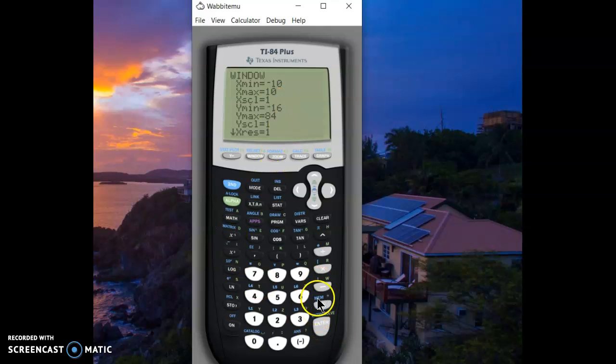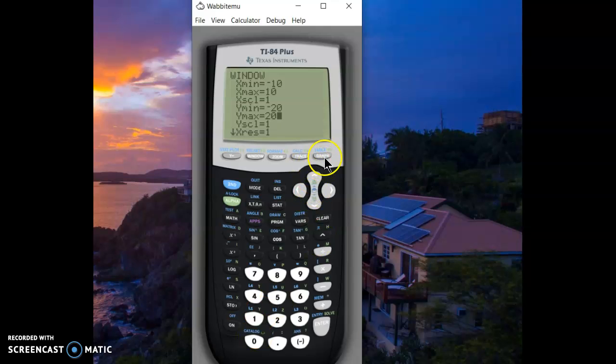So I'm going to adjust this to be the opposite of 20, and that's going to pull my graph down just a little bit, and I really don't need a y max of 84, so maybe I'm going to just change that to, let's say, 20 for my y max.